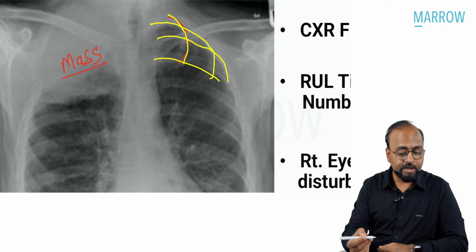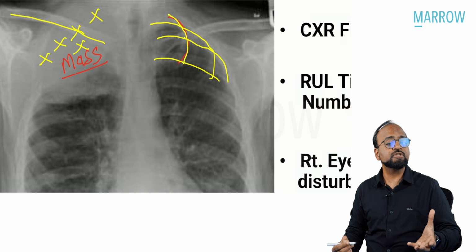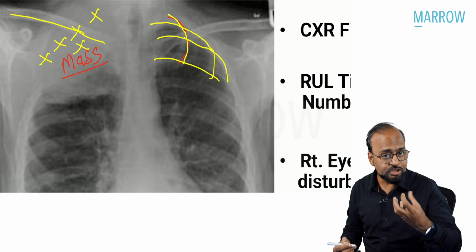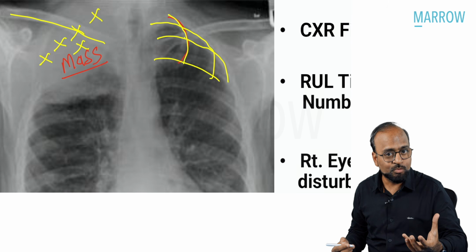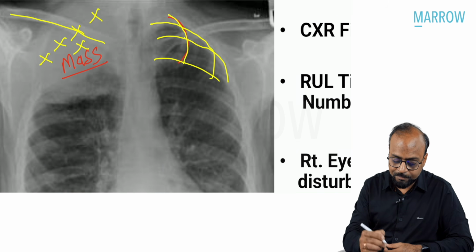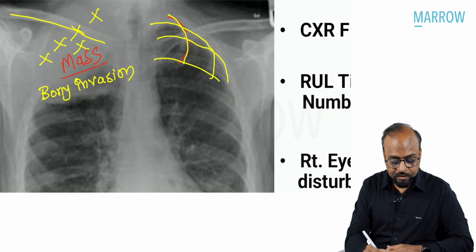But if you try to identify those ribs on the right side, see, this is the clavicle, but you're not able to identify the posterior ends of ribs or the first rib on the right side. Whenever you see a mass-like opacity and you don't see adjacent bony structures, it means that the mass has invaded into the bone. So this is suggestive of bony invasion or destruction, which points towards the presence of a malignancy.